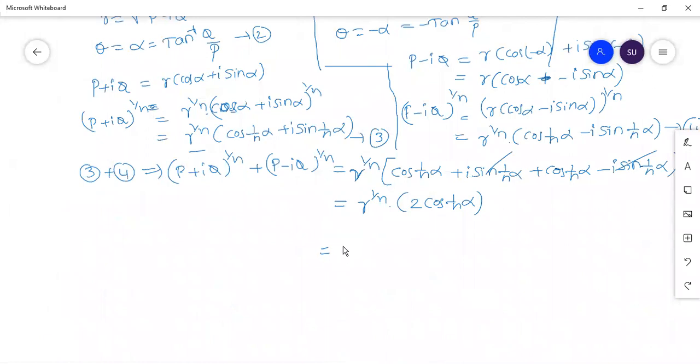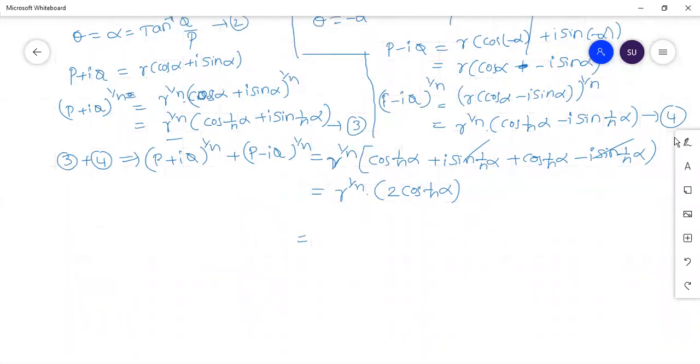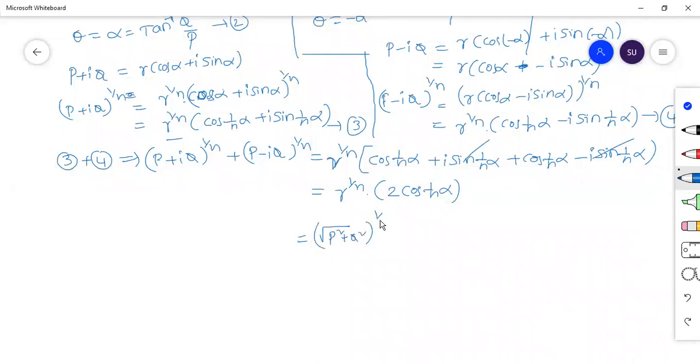So r is square root of p square plus q square whole to the power 1 by n, 2 into cos of (1 by n) alpha, which is nothing but tan inverse q by p from equations 1 and 2. Now root means what?